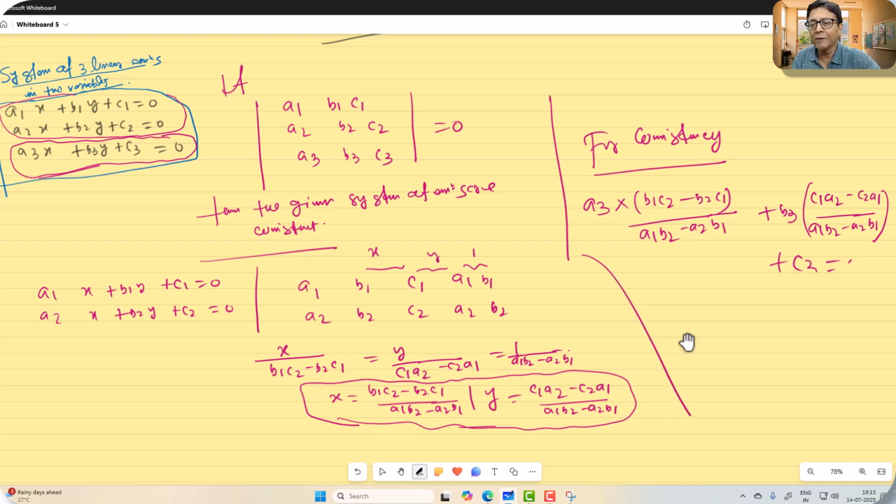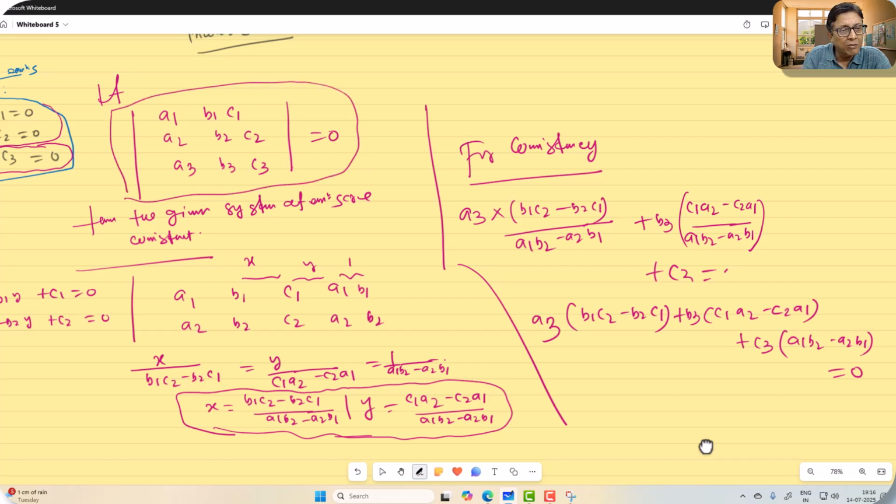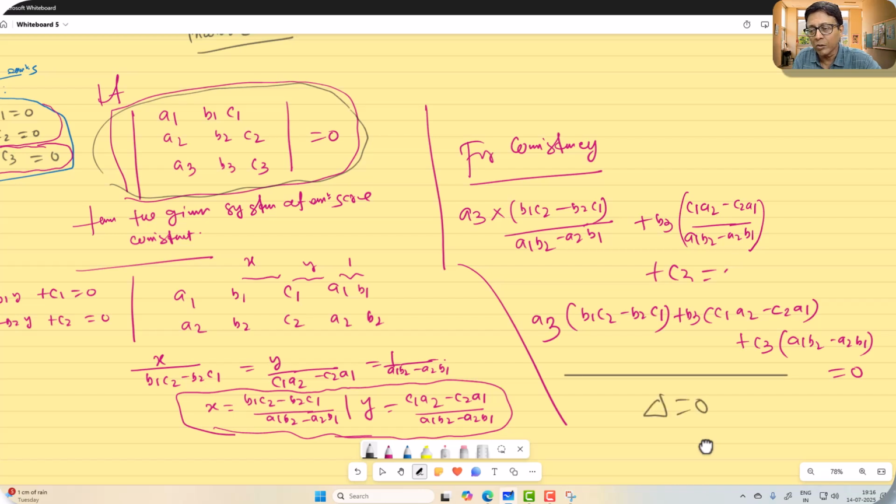If you just simplify it, it is going to be A3 into B1 C2 minus B2 C1, plus B3 into C1 A2 minus C2 A1, plus C3 into A1 B2 minus A2 B1 equal to 0. You expand this determinant in terms of the third row. If you expand it in terms of the third row, the value of the determinant is this. So that is delta equal to 0.